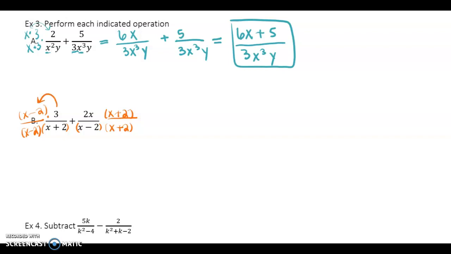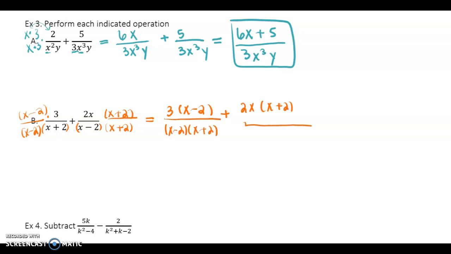And then I'm going to go ahead and rewrite it first before I distribute. And then the bottom is going to be x minus 2, x plus 2, x minus 2, x plus 2. So that means we could go ahead and distribute these. And then we're going to go ahead and simplify.